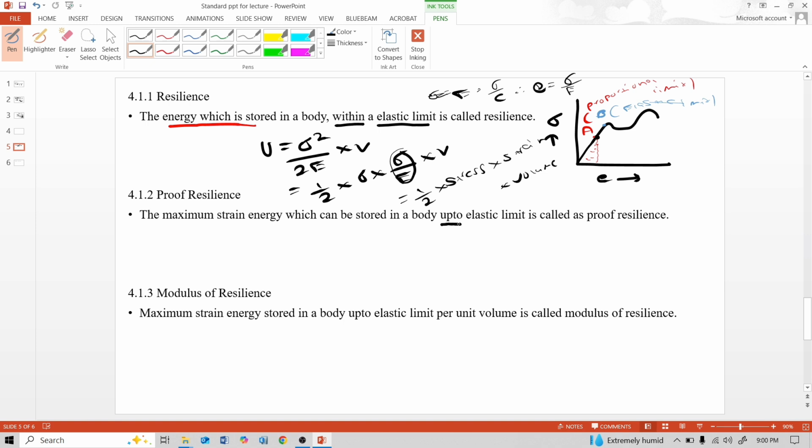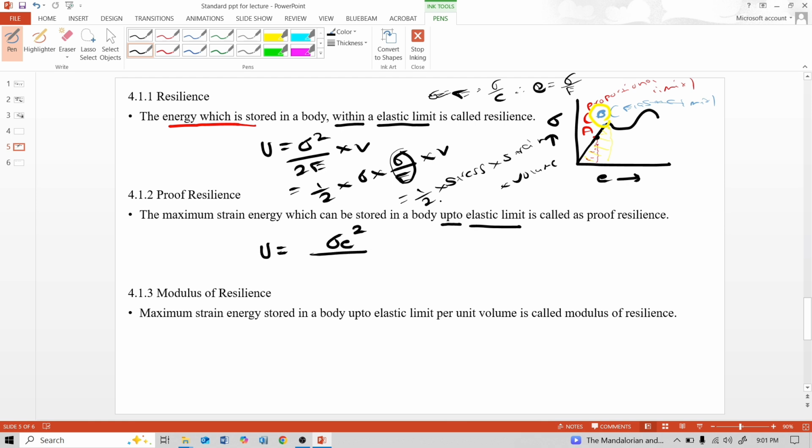Here "up to" is important, up to elastic limit, that means up to this point B. The formula for strain energy is the same; the only difference is the stress.